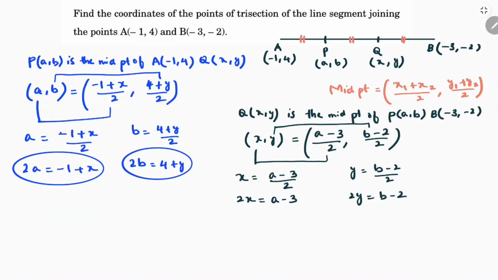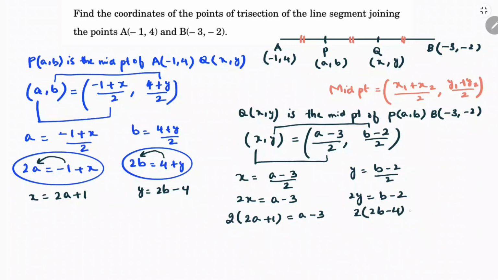Now from both x and y values, I'll substitute in the other ones. Now see, I'll take from here what is x. x is 2a plus 1, y is 2b minus 4. These x and y values I'll substitute here. 2 times x, x is 2a plus 1, equals a minus 3, and y is 2b minus 4, so 2 times that equals b minus 2.